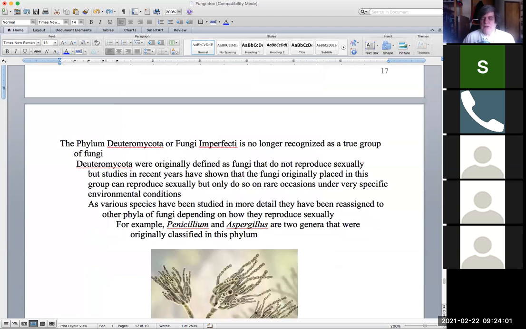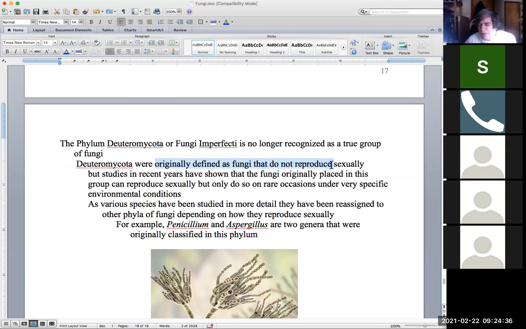Now, before we leave the fungi, let's talk about one group of fungi that's no longer used to classify fungi. So notice this group is called the Deuteromycota, or the fungi imperfecti. And this is not a phylum anymore. It used to be a phylum. And I included it in here because I think it's good to get a historical perspective and also to get a feel for some of the limitations we have, again, when we study the biology of things that are very different from humans.